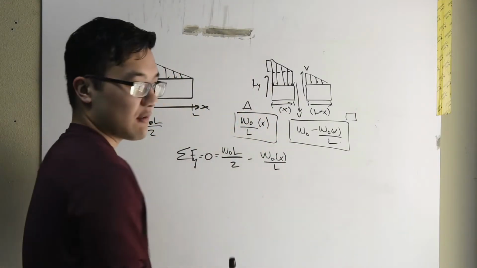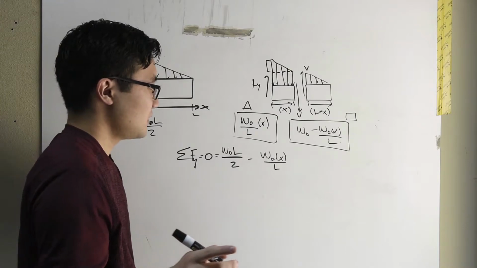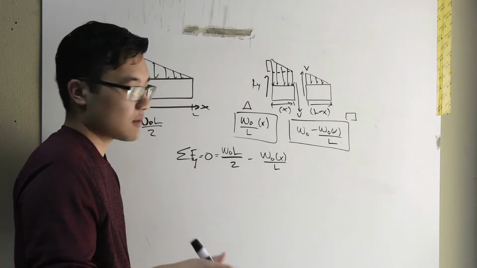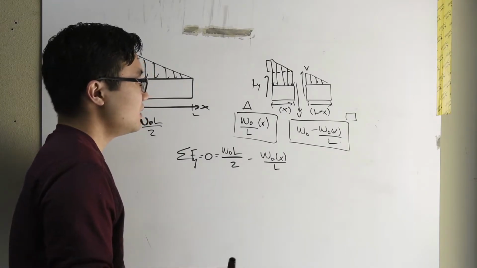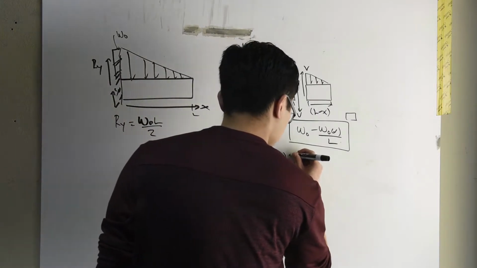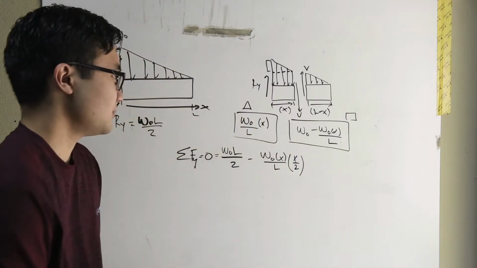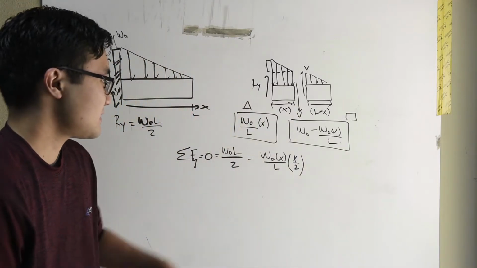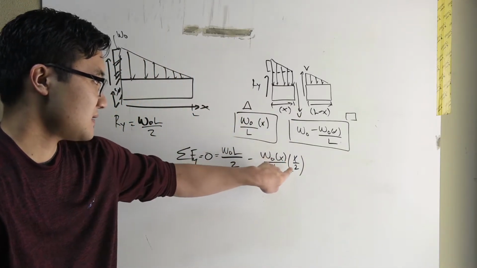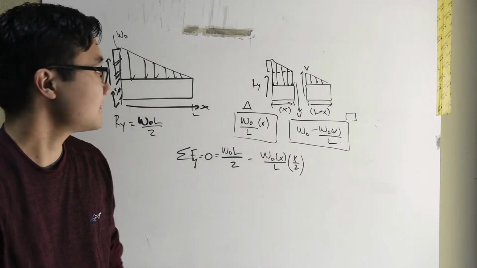Now, remember, that was just for the height of the triangle. And if we're going to account for the base, remember triangle is 1/2 base times height, we've got to also multiply by x over 2, right? Because that's the height, and that's base, and that's 1/2.